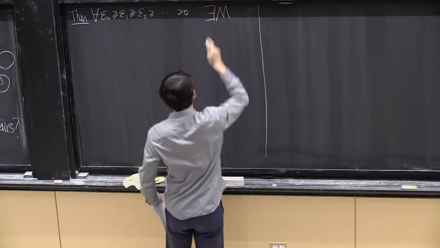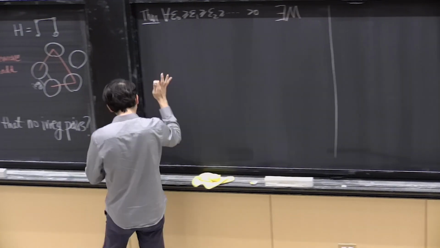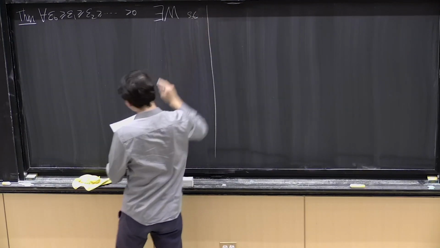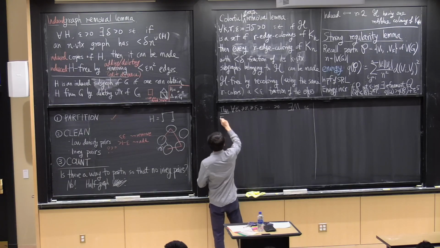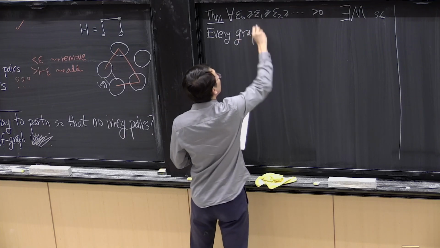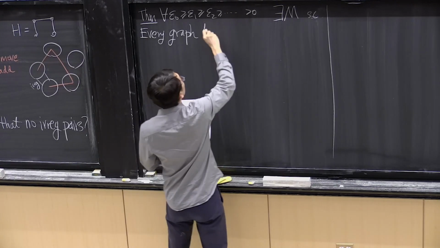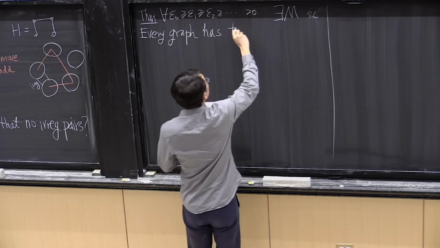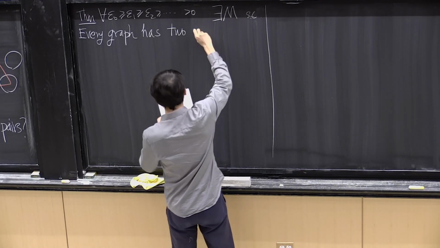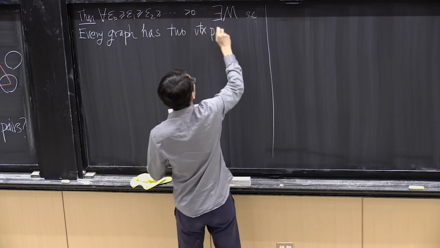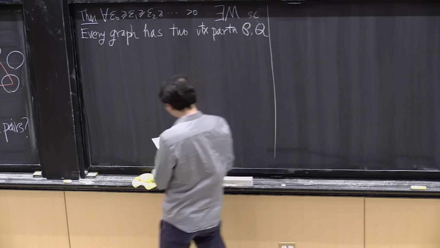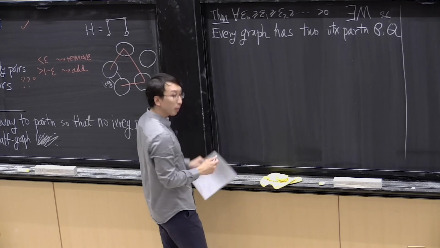Okay, so there exists some M bound, which depends only on your epsilons, such that every graph has not just one, but now a pair of vertex partitions, P and Q, with the following properties.